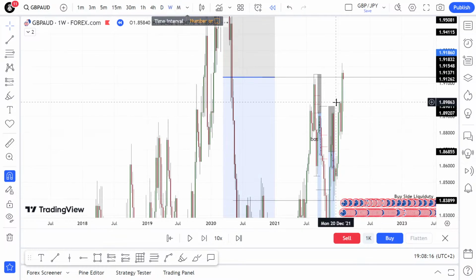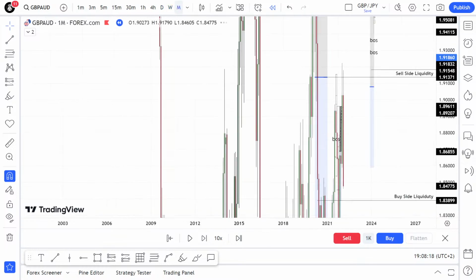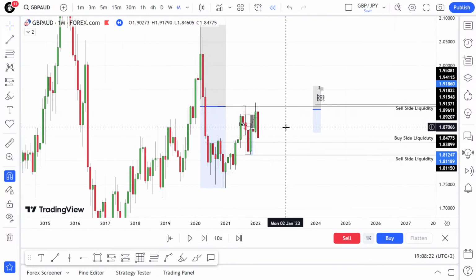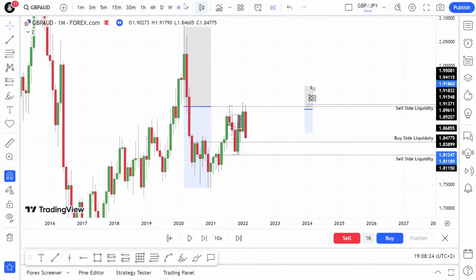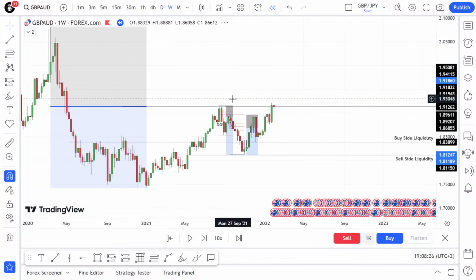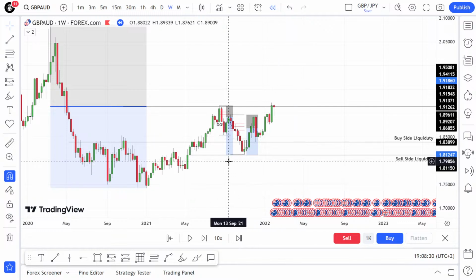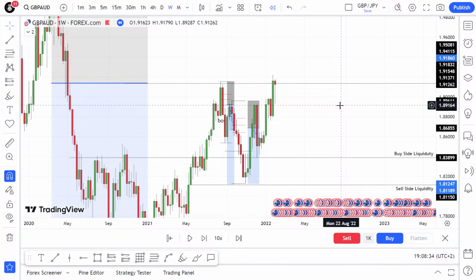Now we have to evaluate this whole price action again in monthly. Yeah, looking decent. I don't know, man. Weekly, these are things that you can't really marry yourself into, guys.